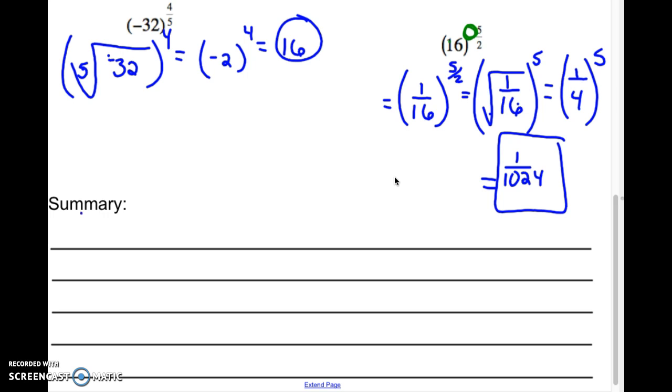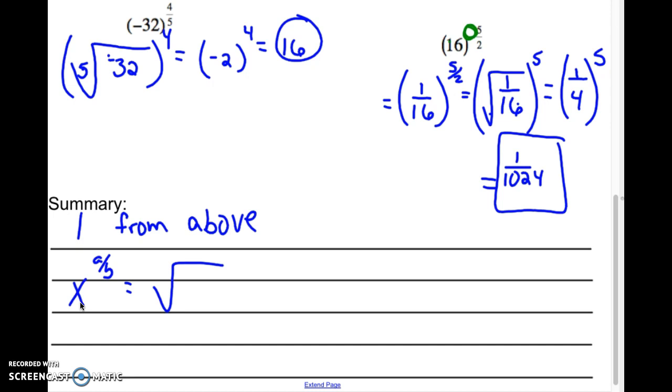For our summary, I want us to include the summary of one of these 4 problems above. So you have to summarize one from above. I'd also like you to write out what x to the a over b would be in terms of a radical. Like, where does the a, the b, the x go?